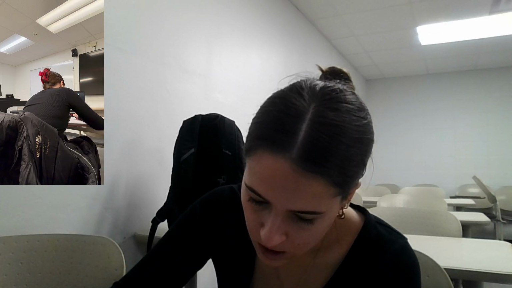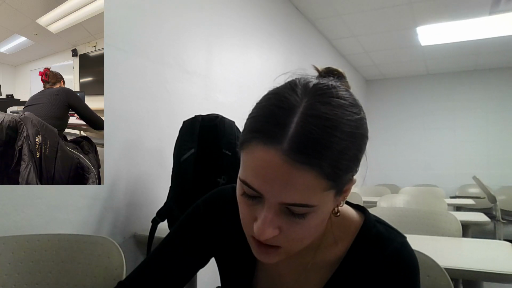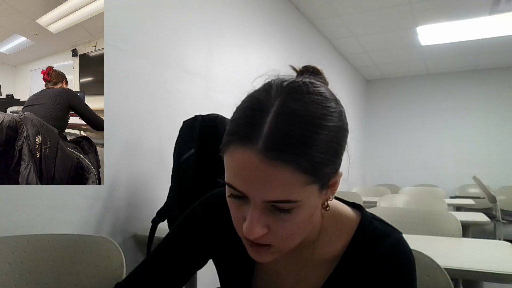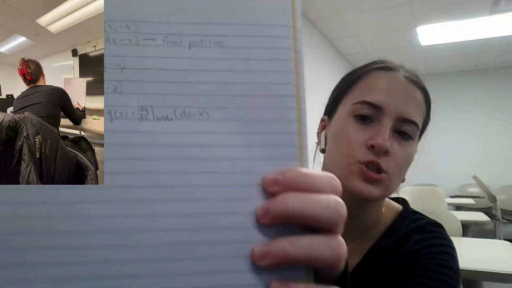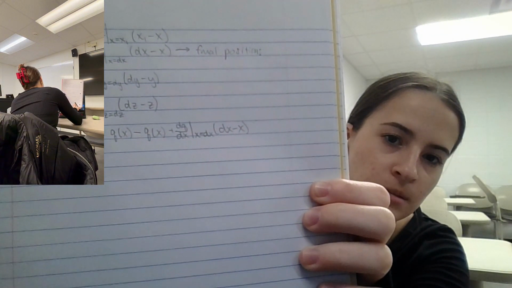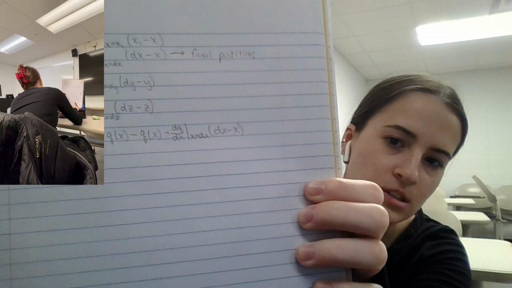So now we'll do minus the final, which is going to be qx plus dq over dx, evaluated at x equals dx, times dx minus x. That's kind of a mouthful, but it's just copying over what we've already written to find our net heat flow in the x direction.